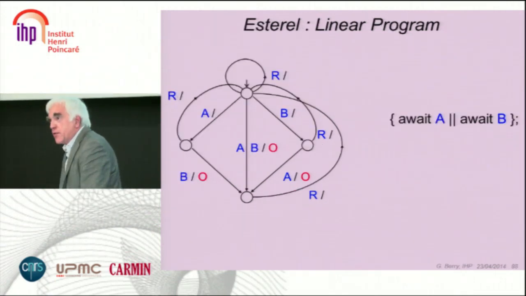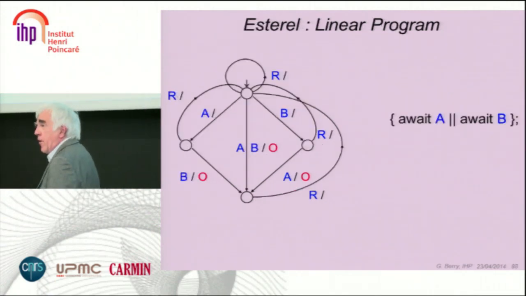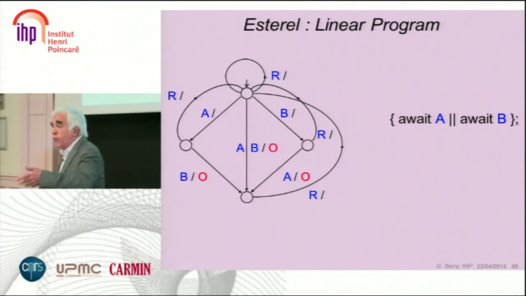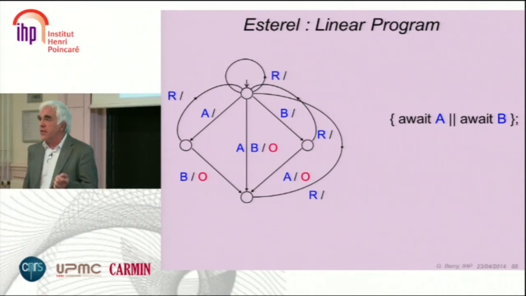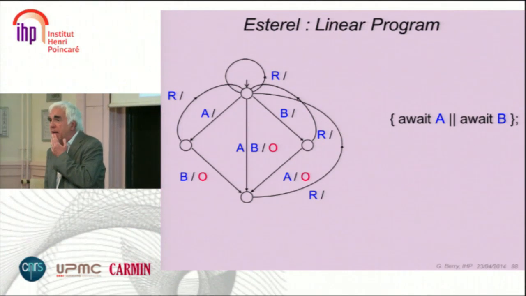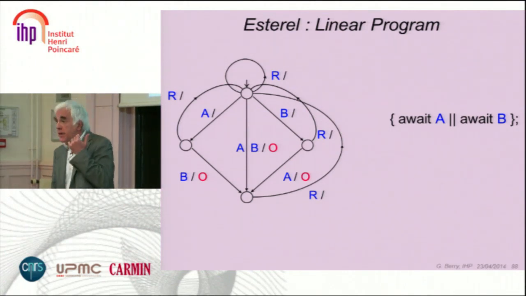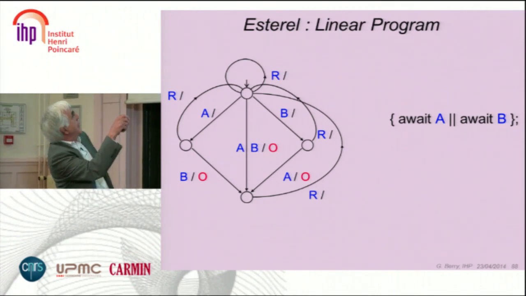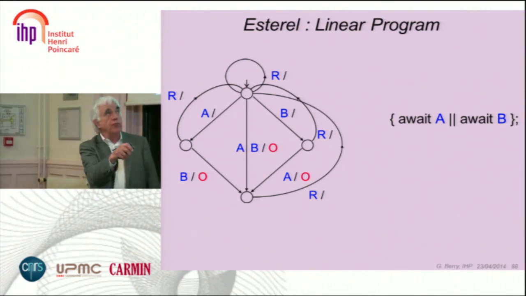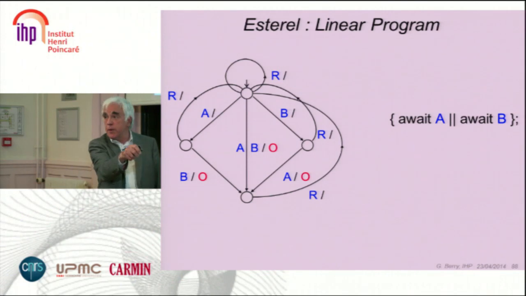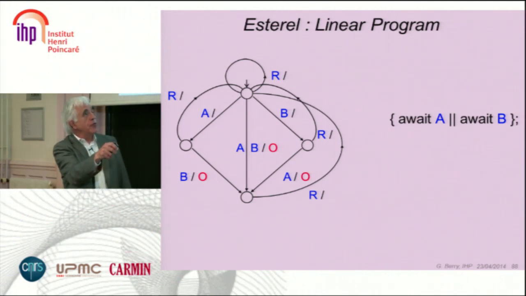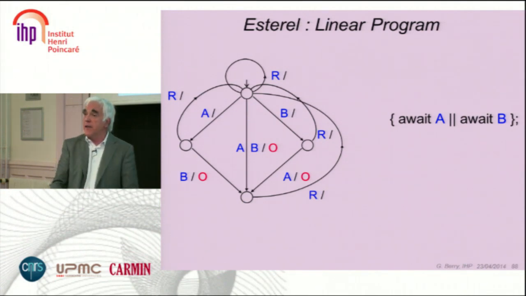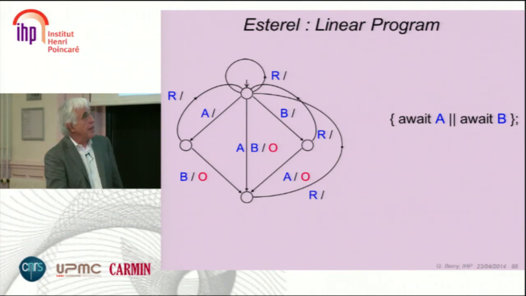Good. So the problem: the STRL language is an extension of circuits where you have enough to make this program linear. That is, you say here you have parallel. So this diamond can be changed into a parallel. So you say await A, parallel await B. And this means wait for the two in parallel, and when both of them have terminated, in no time you terminate.